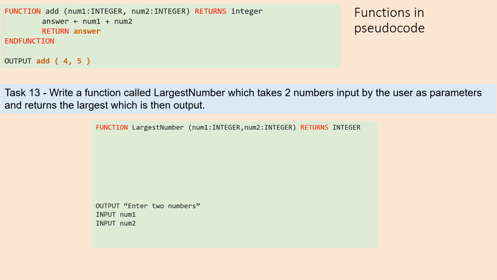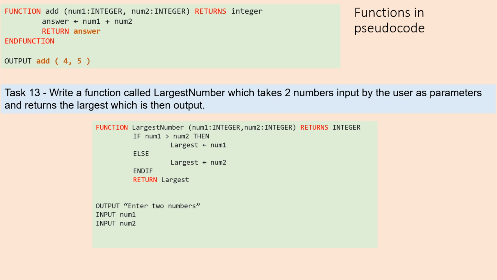We need to find out the largest of them, so we're not adding them, actually we're finding the largest. So we're just going to compare them and figure out which one's the biggest. Something like this will do: if num1 is greater than num2, then we assign our local variable largest num1, else largest is going to be num2.